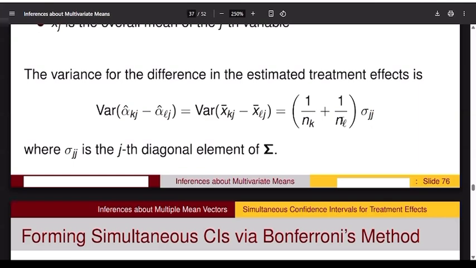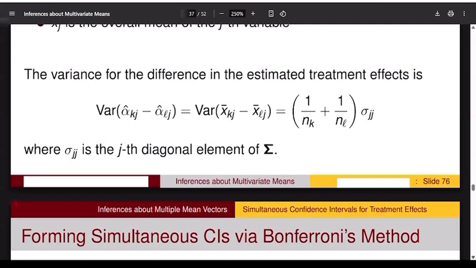Just like I want to tell how reliable an estimator is, I need the variance of the estimator. If I'm able to get the variance of that effect, that will enable me to conduct statistical inference. Now, if you take a look at what I have here, sigma jj will be the jth diagonal of the variance covariance matrix, which should be the variances.